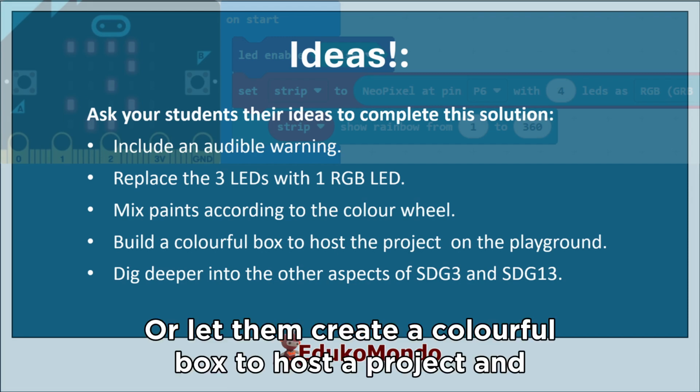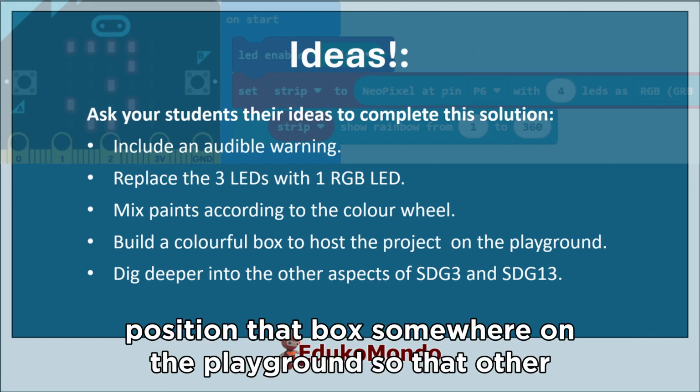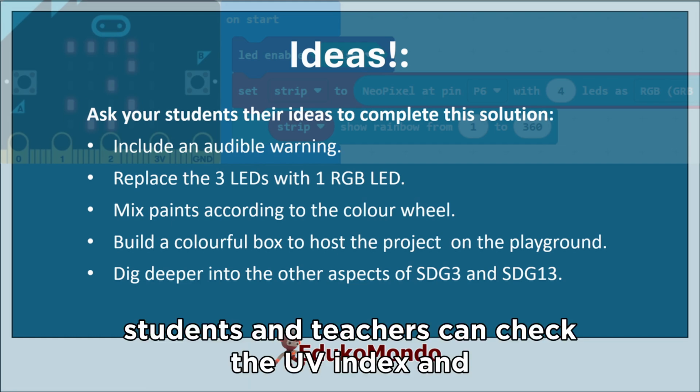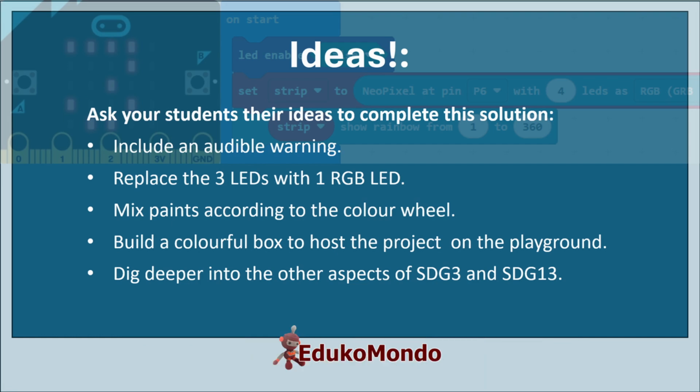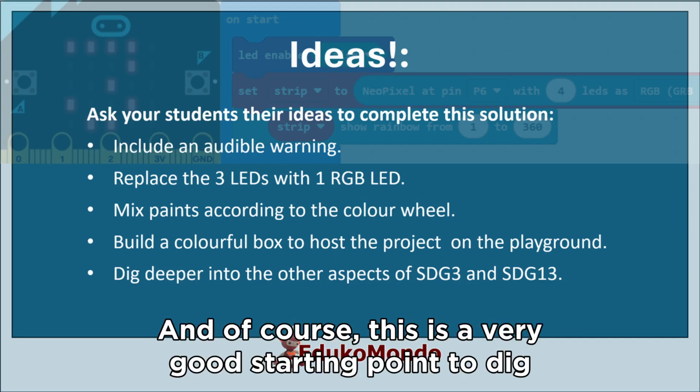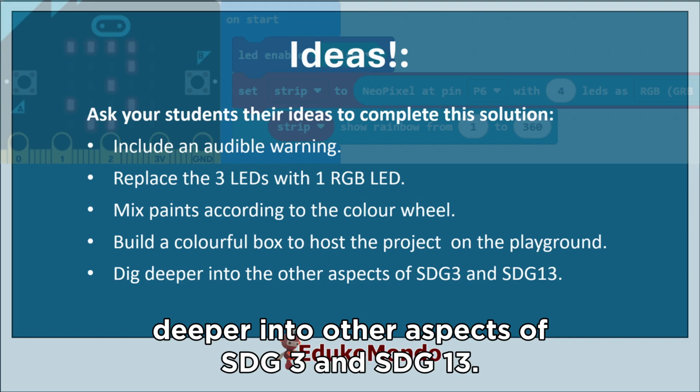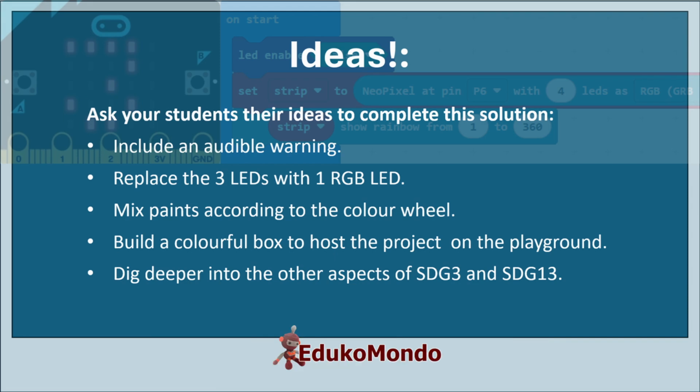Or let them create a colorful box to host a project and position that box somewhere on the playground so that other students and teachers can check the UV index and take appropriate action. And of course, this is a very good starting point to dig deeper into other aspects of SDG3 and SDG13.